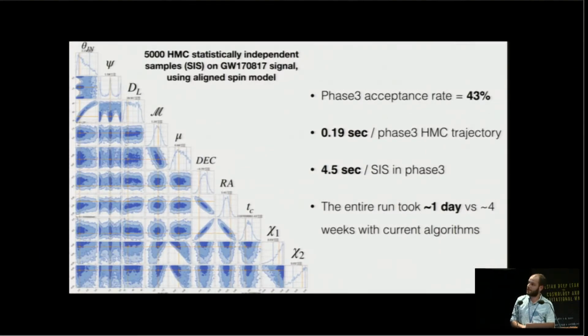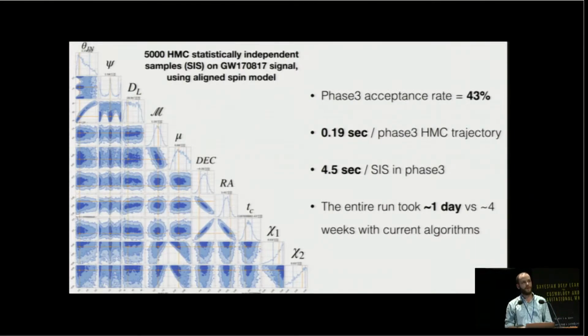That's the end result, the result of a full HMC run on 170817. So in phase 3, we have a 43% acceptance rate. One HMC trajectory is then 0.2 seconds. And so we have to wait 4.5 seconds to collect each new statistically independent sample.